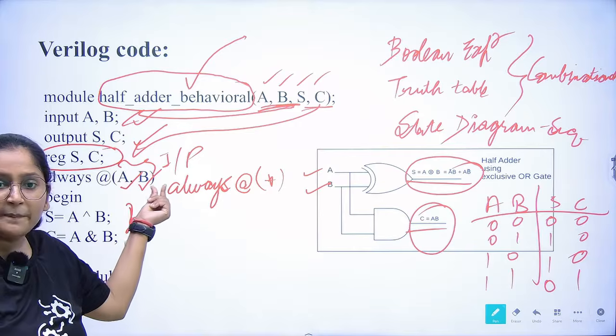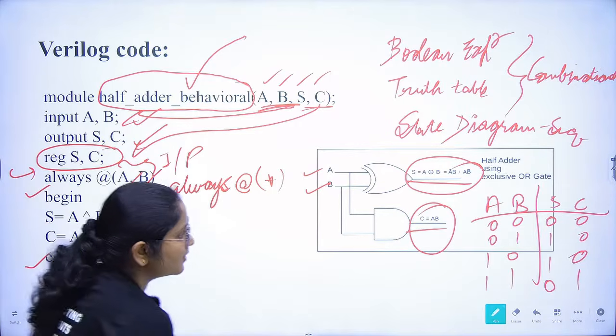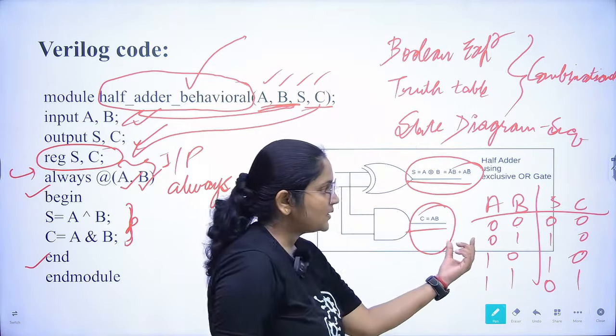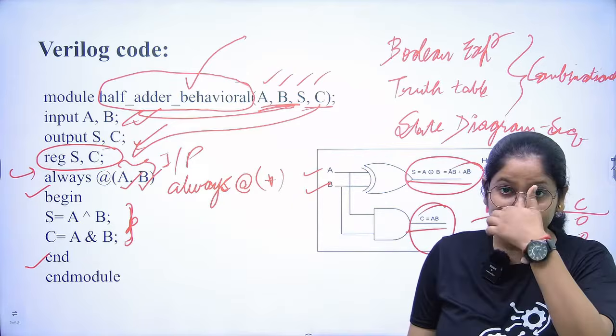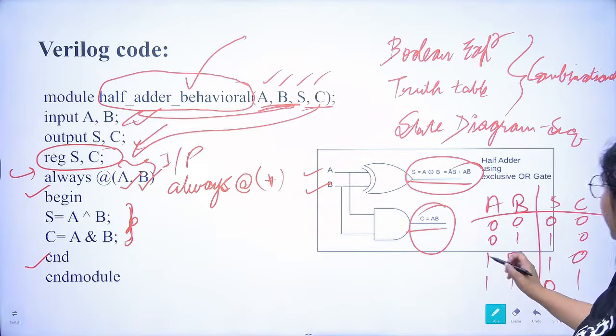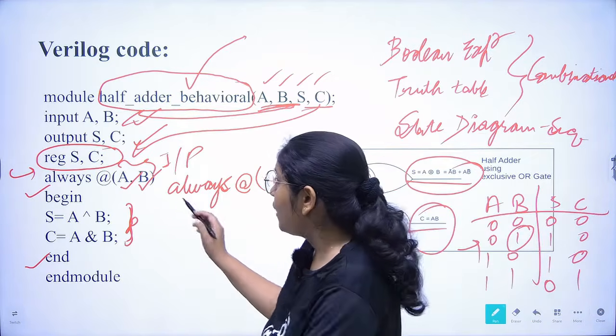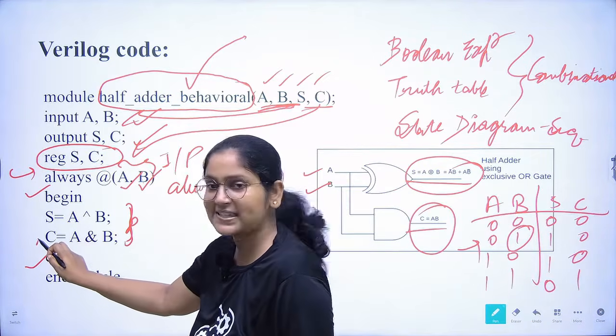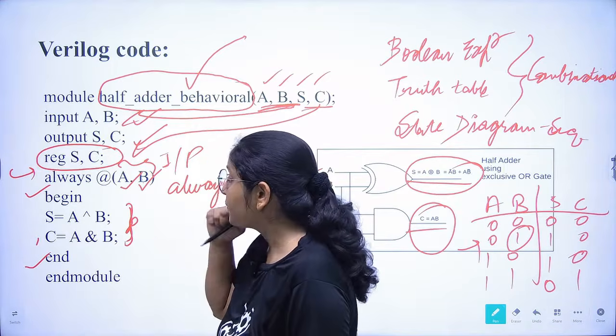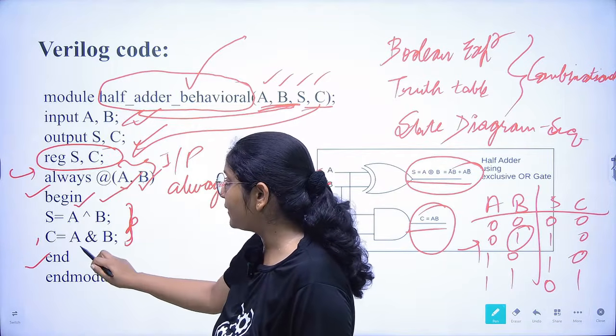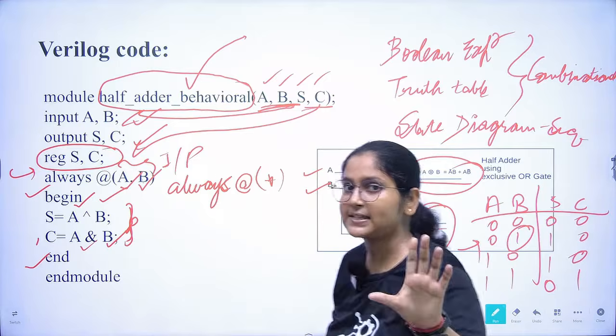Whether any of the values of A or B is getting changed. Suppose 0 0, so sum and carry 0 0 it will produce. In the next line it will say yes, B has been changed, B moved from 0 to 1. Again we move inside this always block, it will do A XOR B and then A and B, and store the result in S and C.